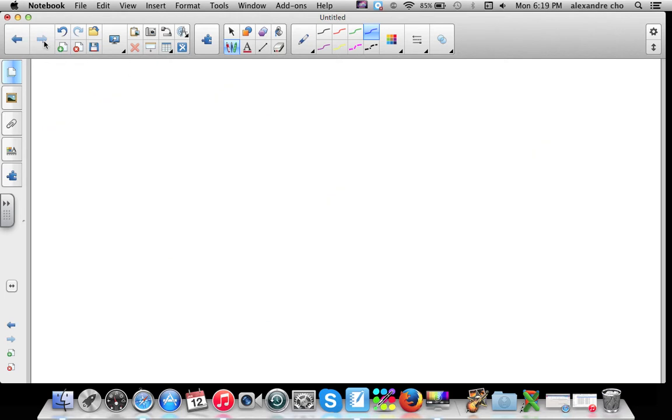Next one. Determine if the numbers are part of the counting, whole, integer, rational, or irrational set. Okay, so I'm going to do this very quickly. 4. I'm not going to write it out. I'm going to use abbreviation. So 4 is a counting number. C for counting number. It's also a whole, and it's an integer, and it's a rational.